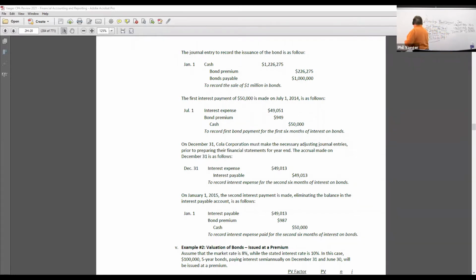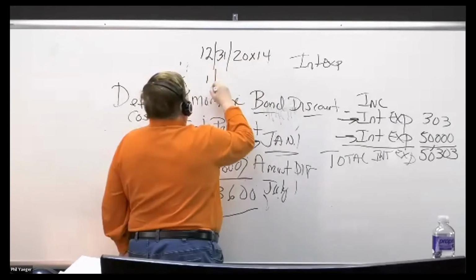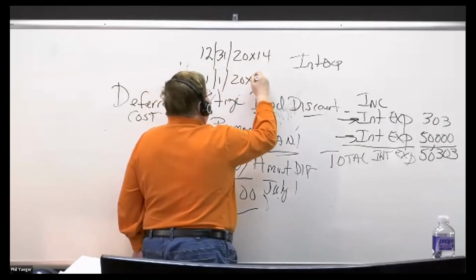So let's get this correct entry at December 31st, 2014. We're going to debit interest expense for the end of 12/31/2014, actually for the next day, which is 1/1/2015.